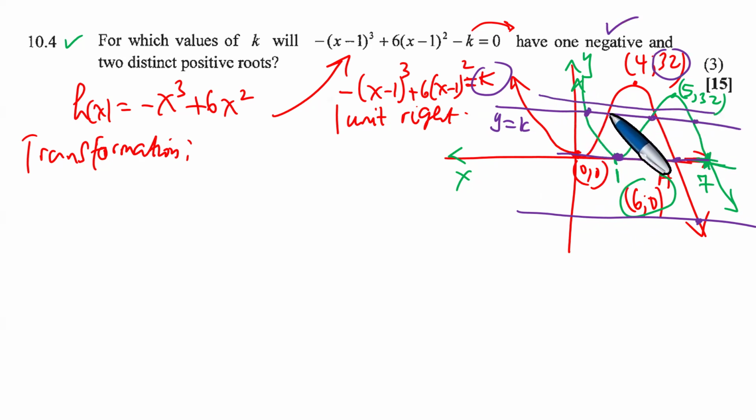Remember that this is not to scale. So the negative root, let it occur when this one is like this, so that there's a negative root here. There's a negative root when this is going to cut here. So there's going to be 1 negative root and 2 distinct positive roots. This is so untidy, but just have an idea of what's happening here.